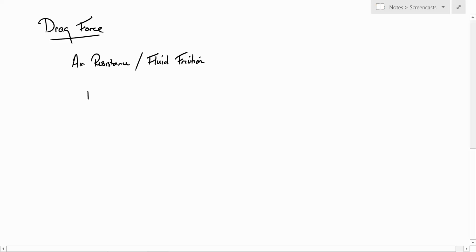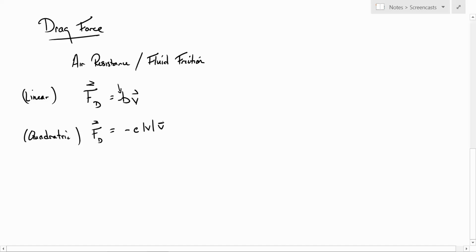Anyway, we had two models for a drag force. One that looked like a linear drag force, with the idea being that this minus sign tells us that the direction of the drag force is opposite of the velocity, or quadratic drag force, which if we want to write out, looks like this, so that the magnitude of it looks like something times the square of the speed.